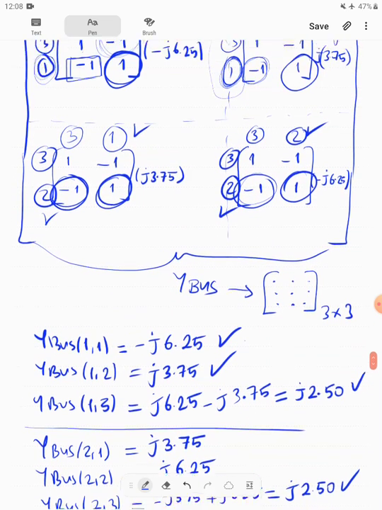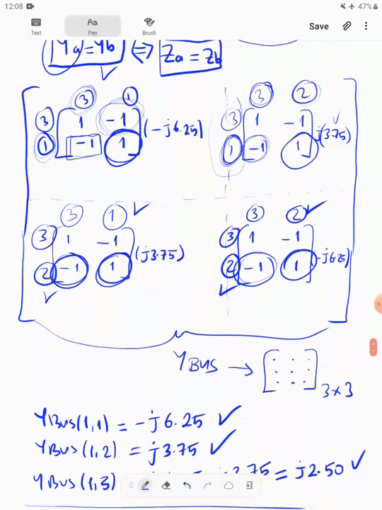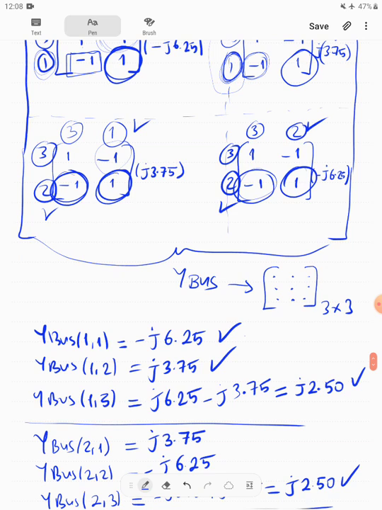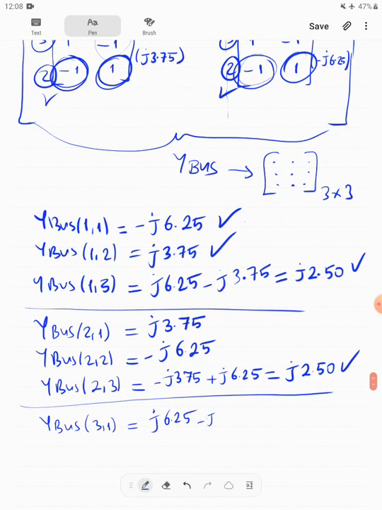Is there any other entry? 3,1? Yes, it is here. So minus j3.75. The answer will be j2.50.